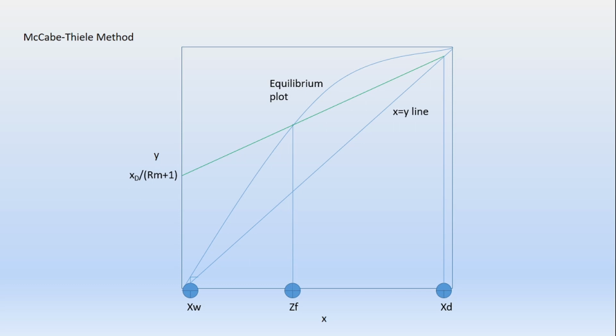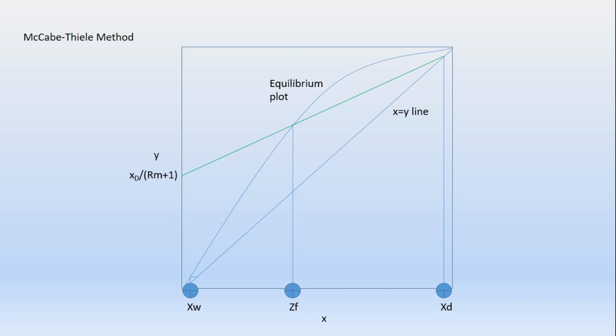what is called as XD by Rm plus 1, which is the intercept on y-axis. So this is plotted by drawing a line which starts from XD point on x equal to y line, and you extend it to join the feed point and the equilibrium plot intersection, and you extend it to y-axis.